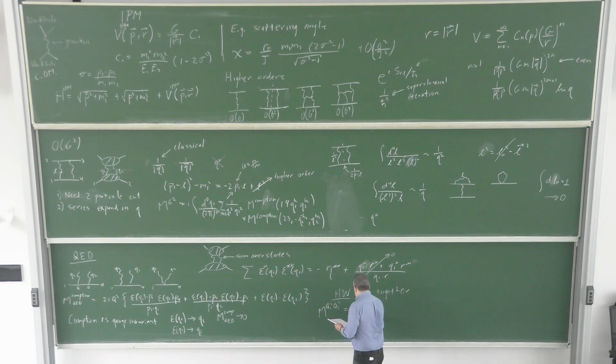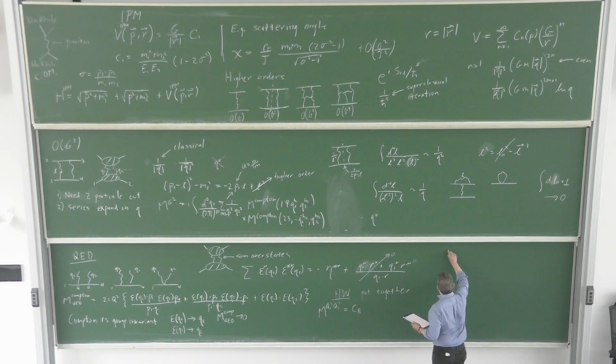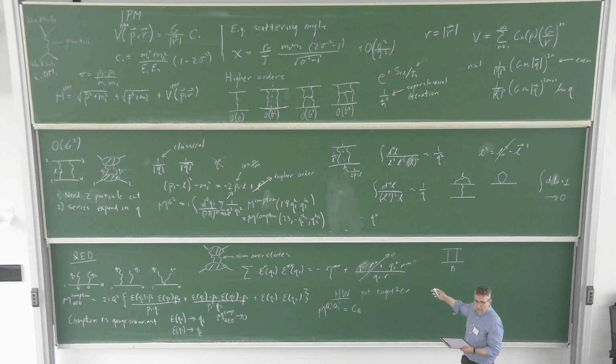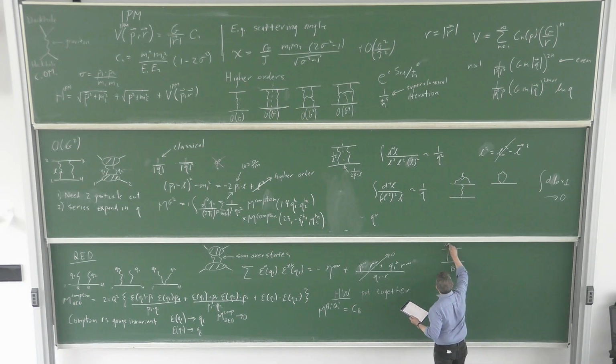That's equal to some coefficient, I'll call it CB, the coefficient of the box integral. So this is an integral. This is not a Feynman diagram. It's just a scalar integral. I just put in the propagators and I integrate.